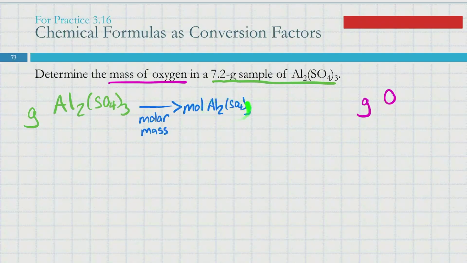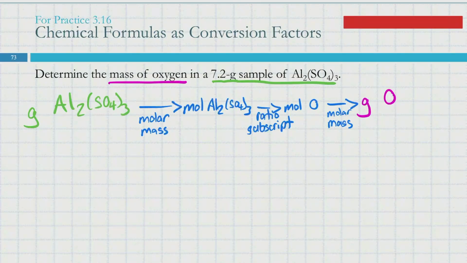We cannot. We can go from moles of the whole thing, though, to the moles of oxygen, using the ratio or the subscripts, based on how many oxygens there are in one of this Al2(SO4)3. And then from moles of oxygen, we can get to grams of oxygen using molar mass.